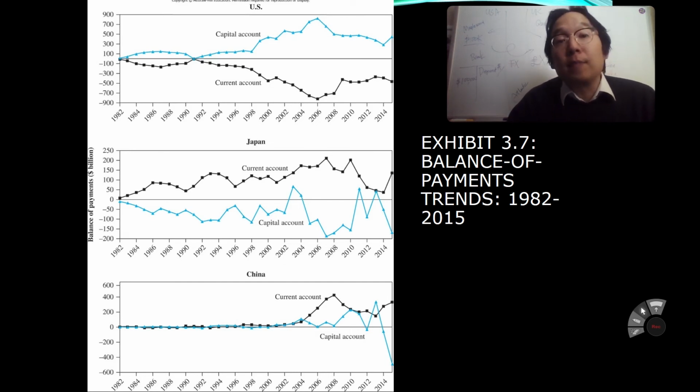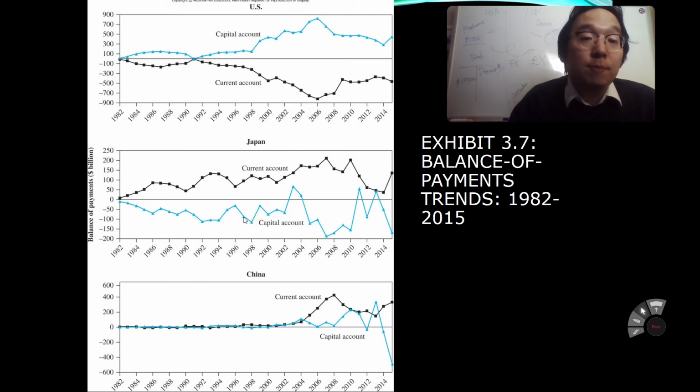Now, as I said before, the capital account of the US has been in surplus for a long time. The current account has been in deficit for a long time, until 2015, and it is even more so these days. Who are they importing from? Well, Japan and China, Germany and South Korea, and other countries, I guess.